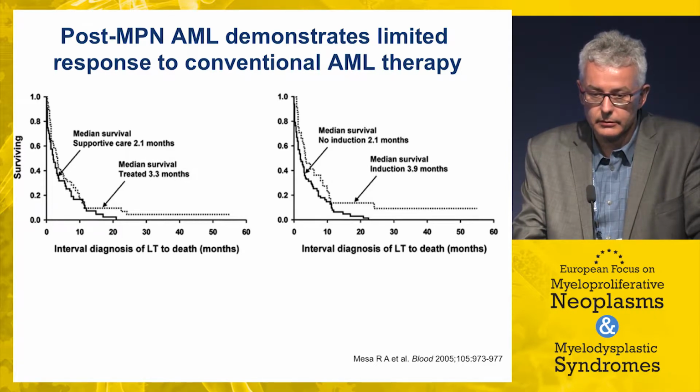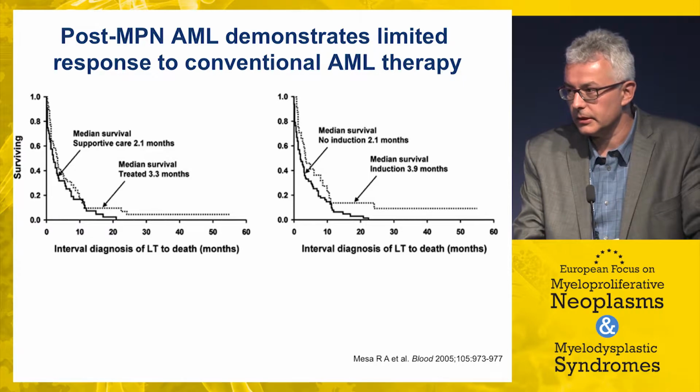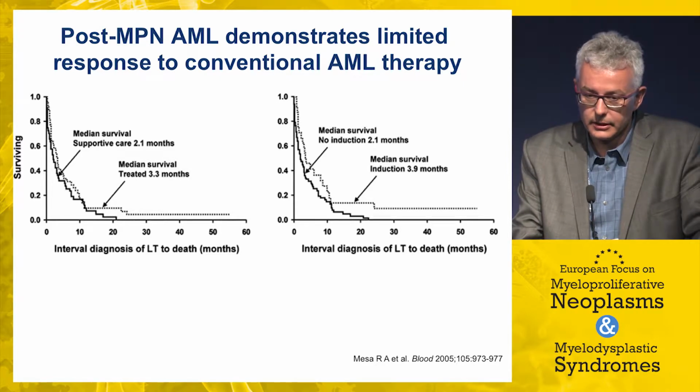This is the survival with supportive care, and these are patients that are being treated. So it's pretty bad, and I am always honest with the patients to tell them if there is a progression to acute myeloid leukemia, either we watch you or we do something about it, it's about the same. Doesn't really matter. There is one situation, however, that it does, and that will be the next slide.